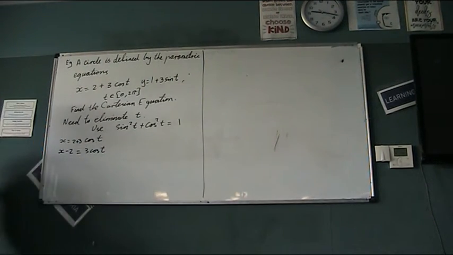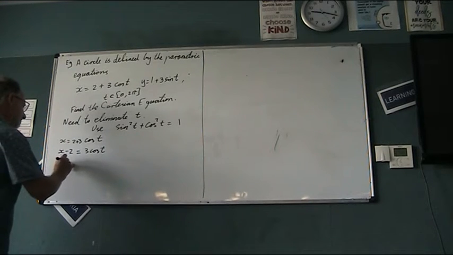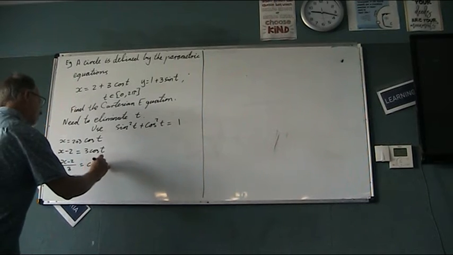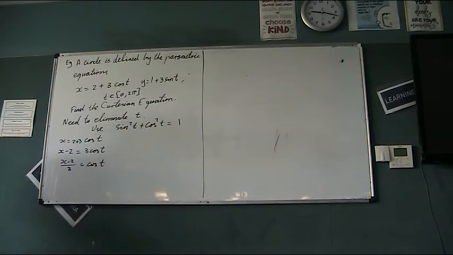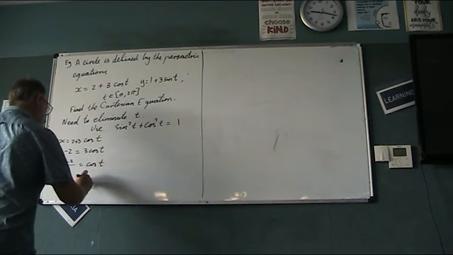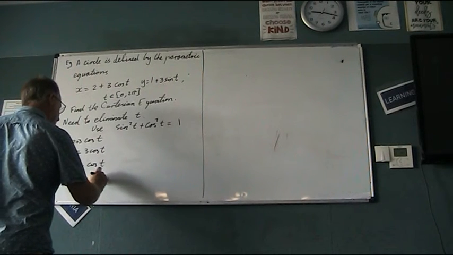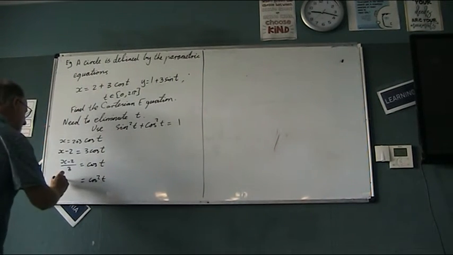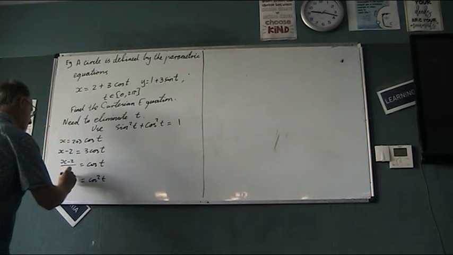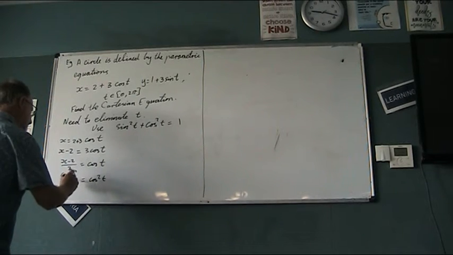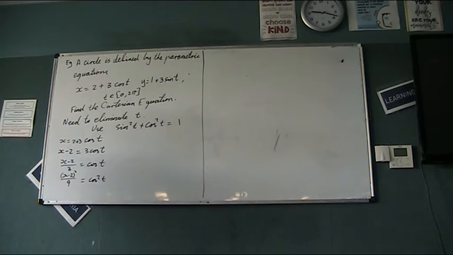Then we've got this 3 out the front, and what do we need to do with the 3? Divide it, yeah. So ultimately we want cos squared, so all we would then need to do is square both sides, yeah? And x minus 2 squared over 9 might work.